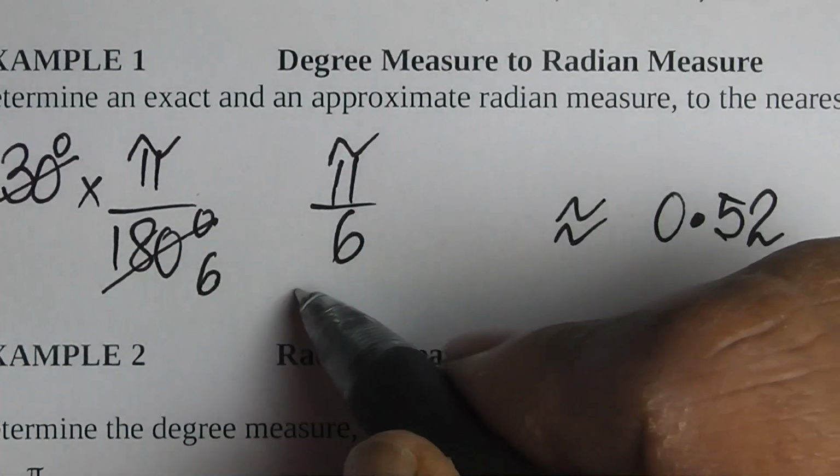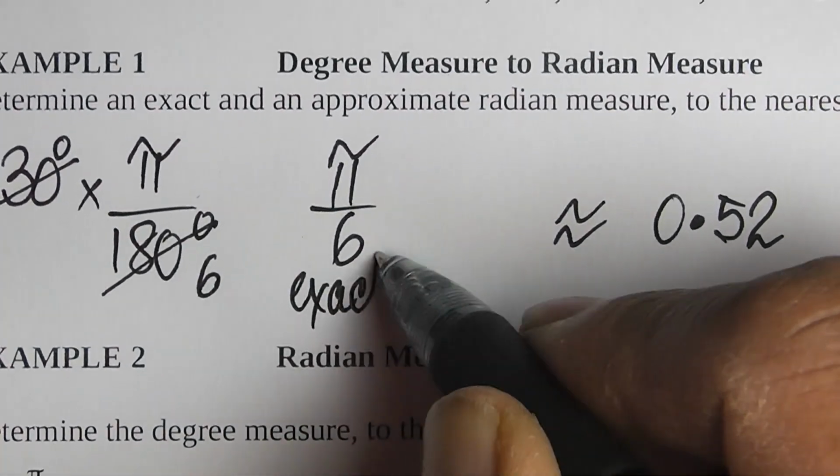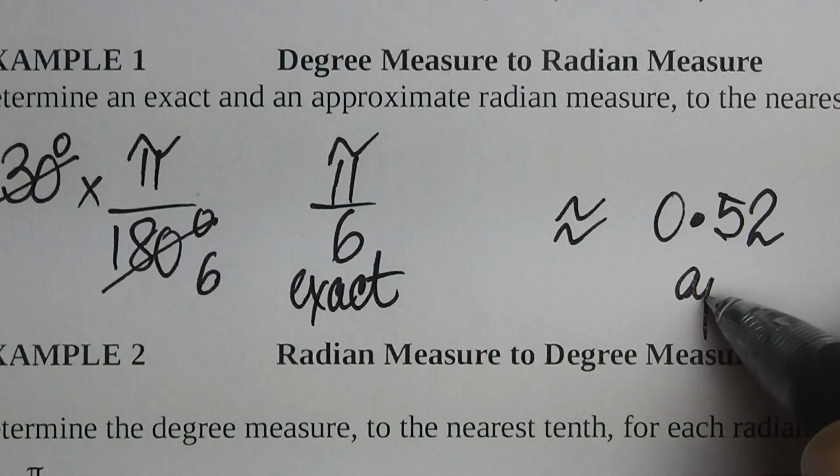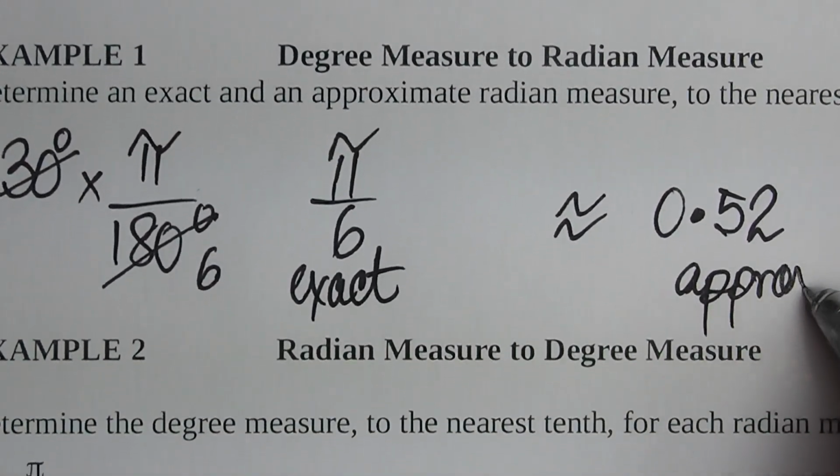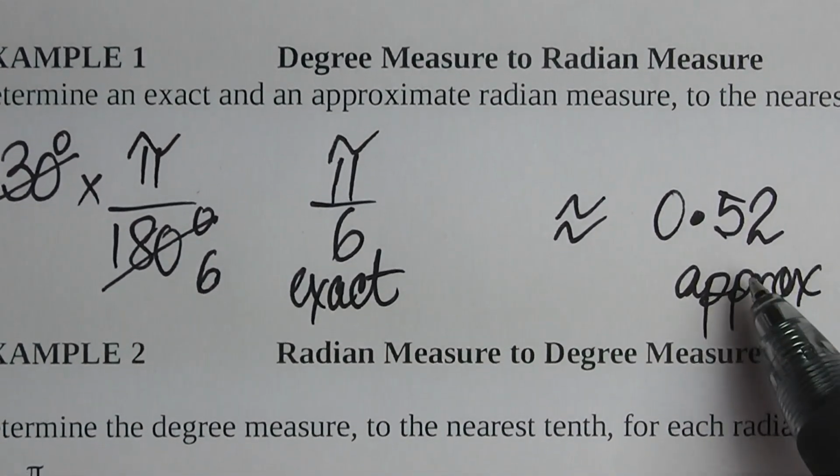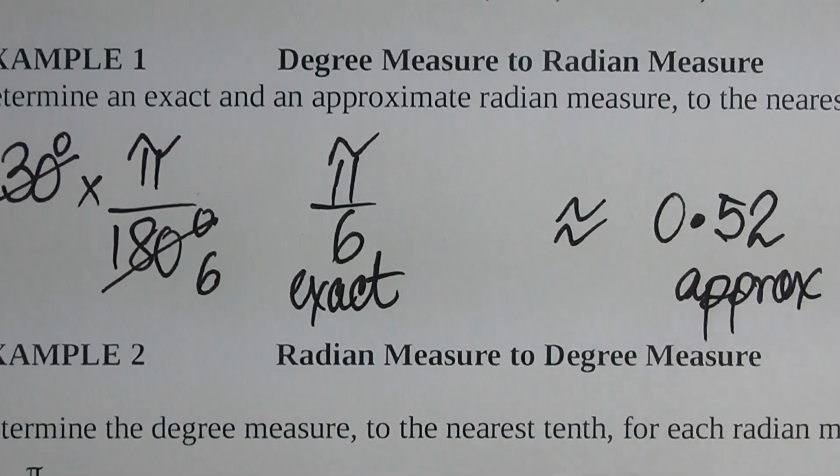So this is your exact value. This is your approximate value. And when you give your approximate value in radians, 2 decimal places is fine.